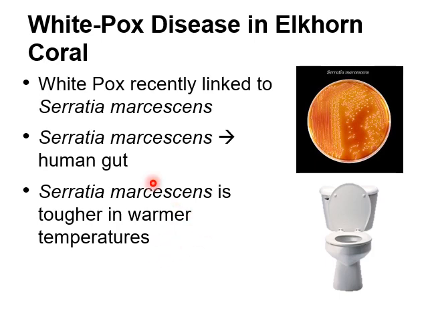So essentially you have this bacteria from our gut going through toilets, through the sewage systems. Some of it is leaking out onto reefs. And when the waters are warmer, that bacteria is emboldened and stronger, and it will have a bigger effect on the corals. And so this is what is going on with that particular disease.